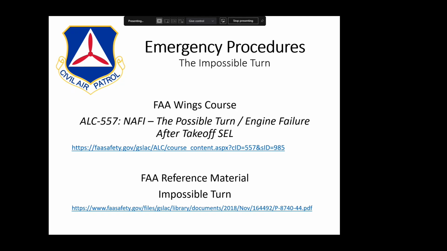So we had exactly that happen last week, or maybe the week before, when General Falco was flying the 206 Zelda from San Diego. And he did the impossible turn. I can tell you how the sequence of events went. He was in the left seat and David Boehm was in the right seat. We took off and got up to just under 900 feet and he pulled the power back a little bit.